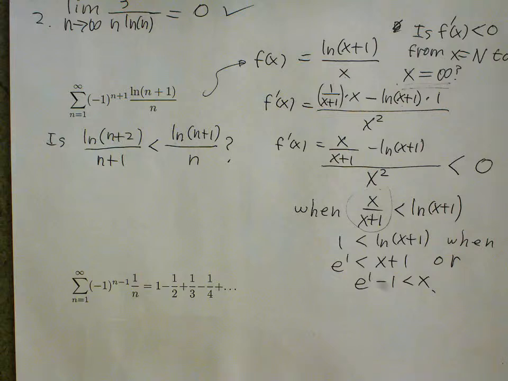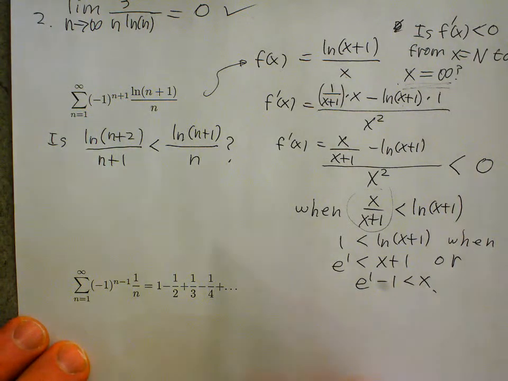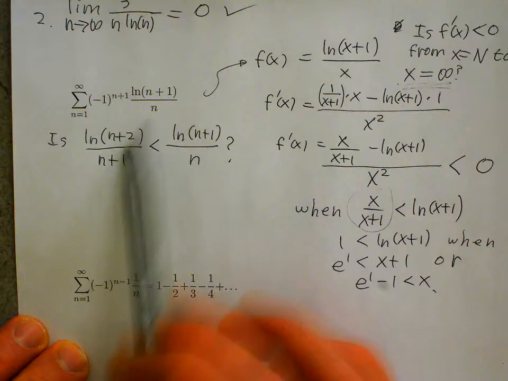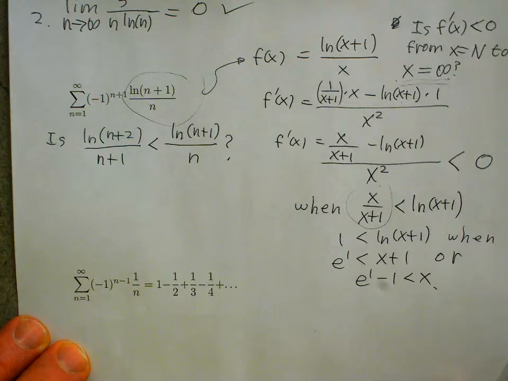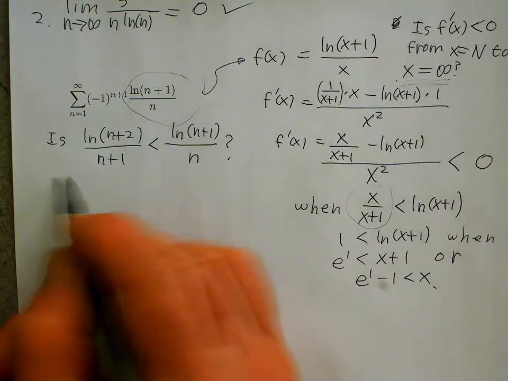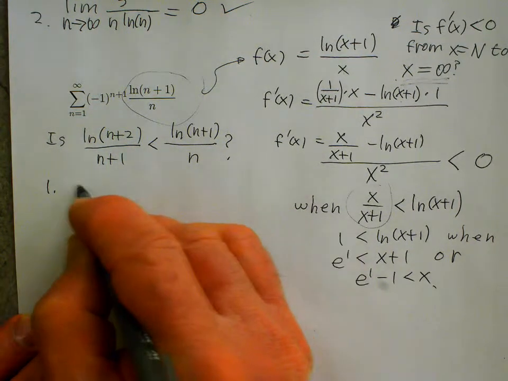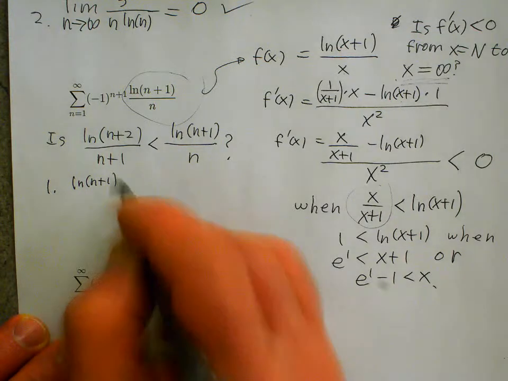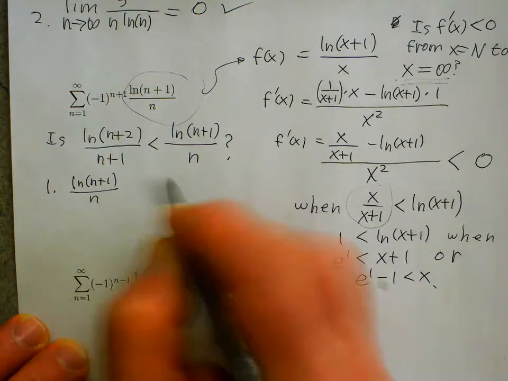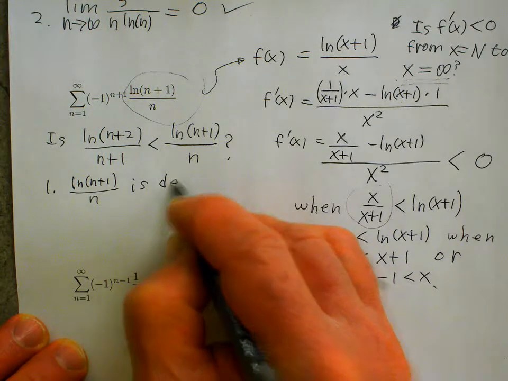See what I mean? That's what we wanted to find out. The derivative is negative if x is greater than or equal to 2. So that means the sequence from this infinite series is decreasing. So this sequence, the natural log of (n plus 1) over n, is decreasing. That's what we wanted to show.